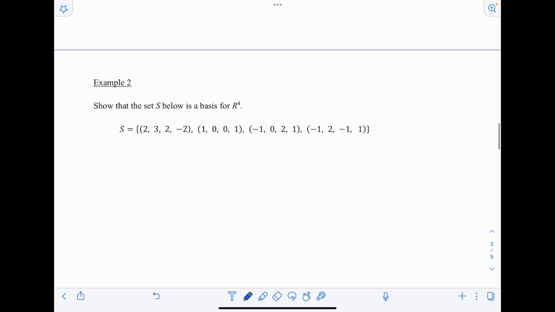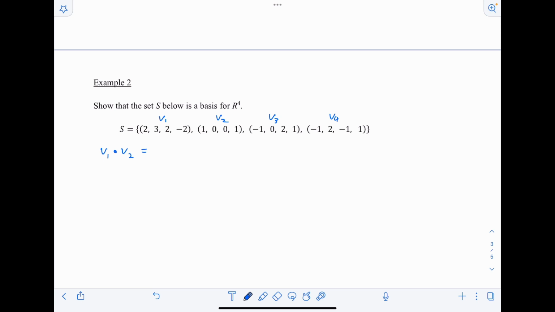So let's go ahead and do this. We're going to just show that these are orthogonal. So I'm going to call this V1, V2, V3, and V4. So V1 dot V2. Looks like we're going to have about 6 of these to do. And I would say just try to be fairly methodical when you do this. So I'm going to take V1 and do the dot product with V2, V3, V4.